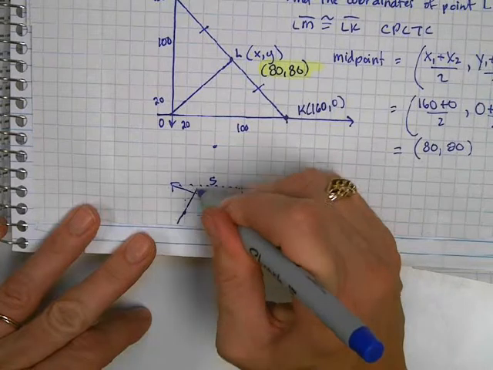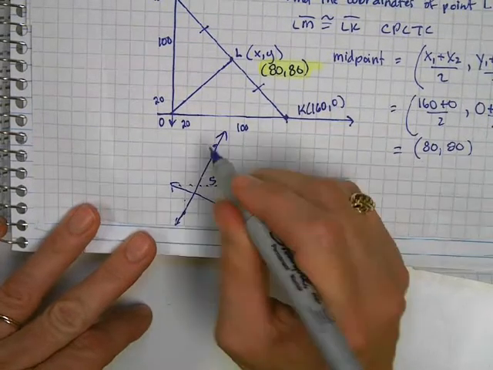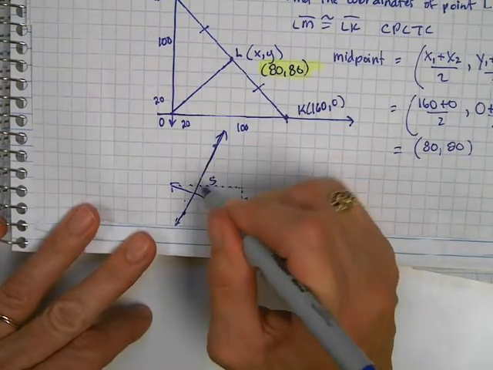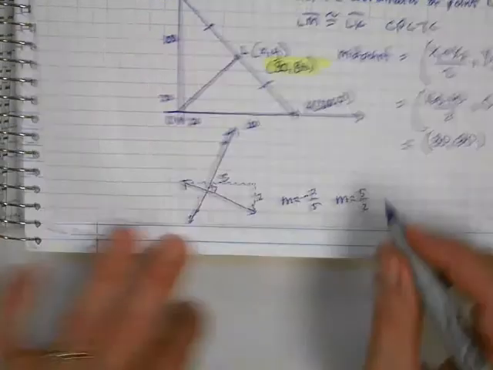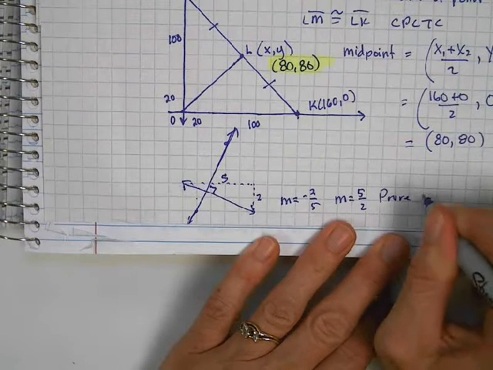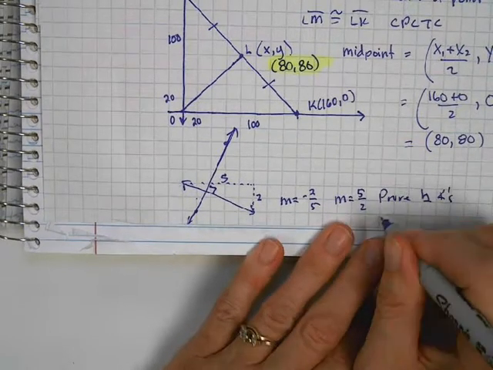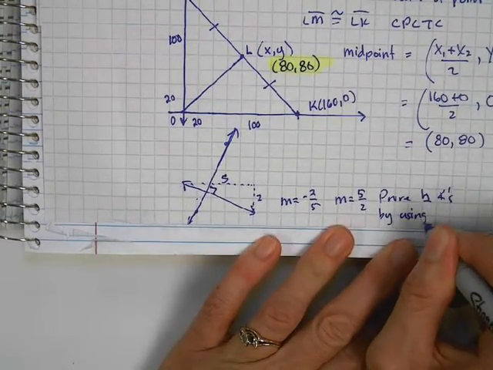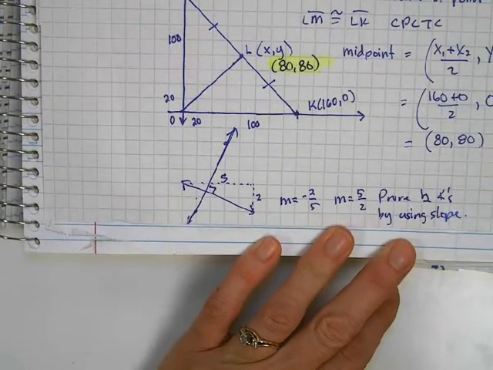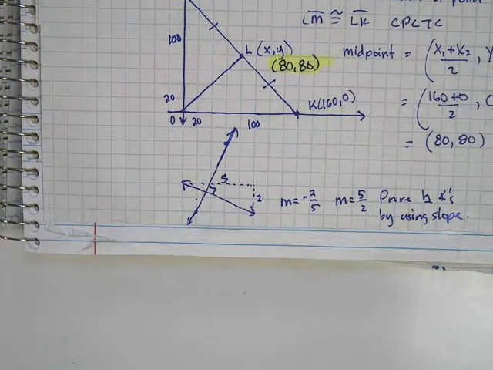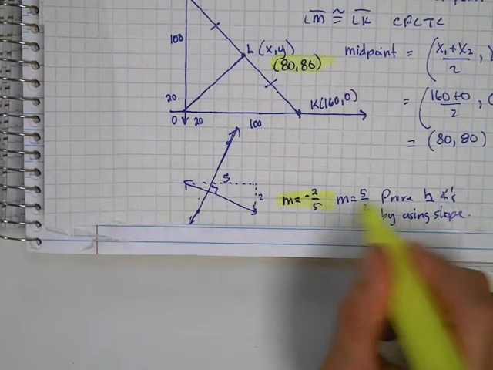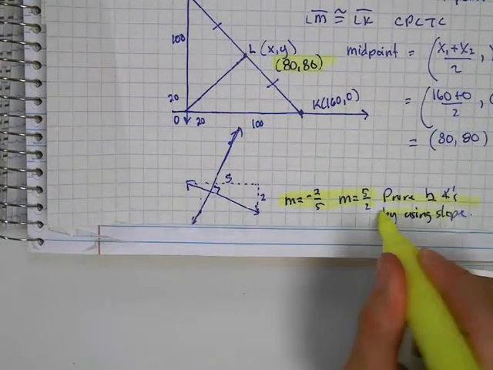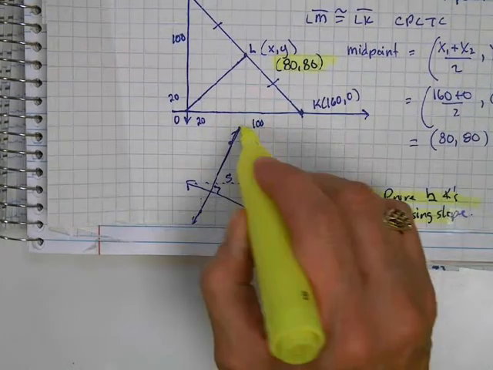And if I draw that line, I probably should have used a straight edge there, then for sure I know I have a right angle. So you can prove right angles by using slope. You had to do that on the proof packet, so we'll probably talk about that a little bit in class. But I wanted to make sure that you made a mental note of that.